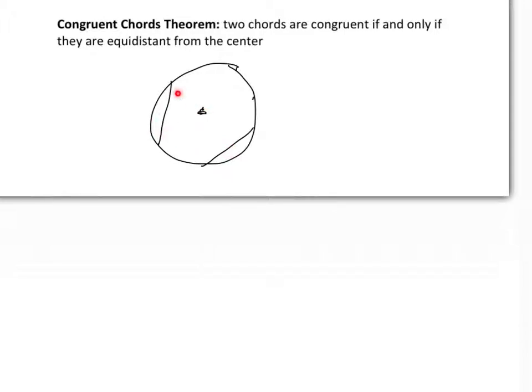So that's not quite what you mean. What you actually mean is the shortest line, a straight line that intersects the line at a perpendicular. So that's what you want to find. Now, if those distances are congruent, then that tells you that these chords are also congruent. That's what that means. Let's see an example in action.